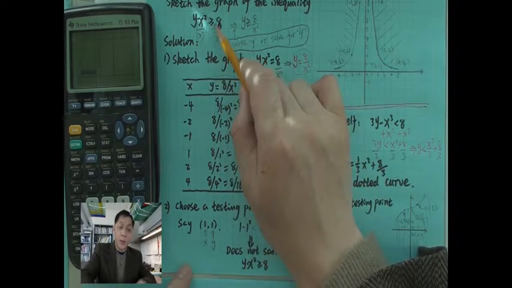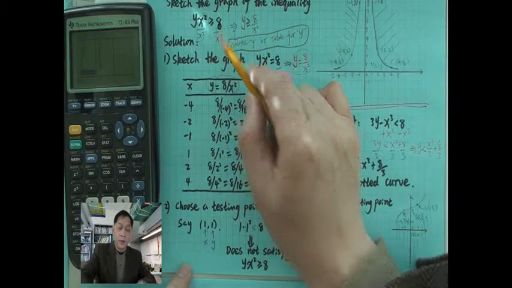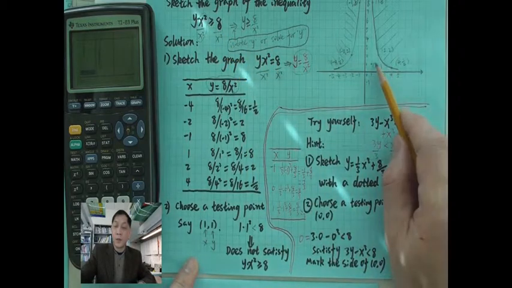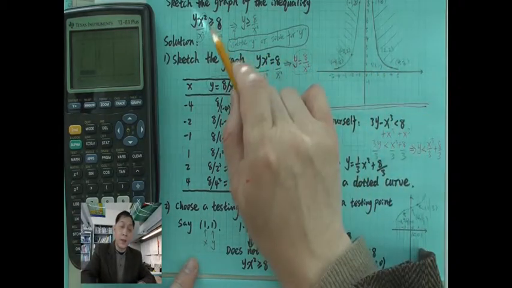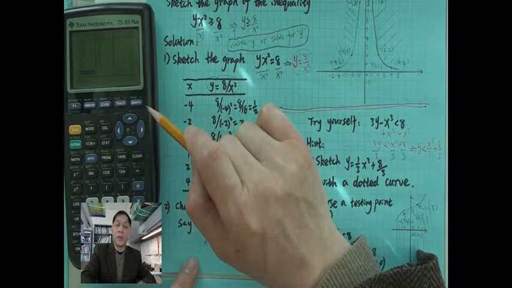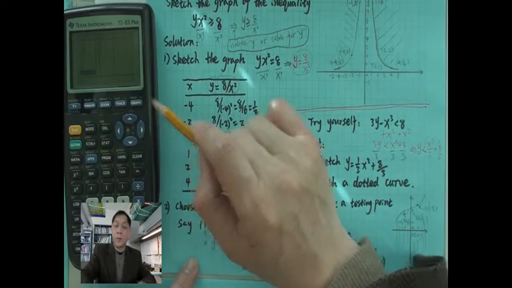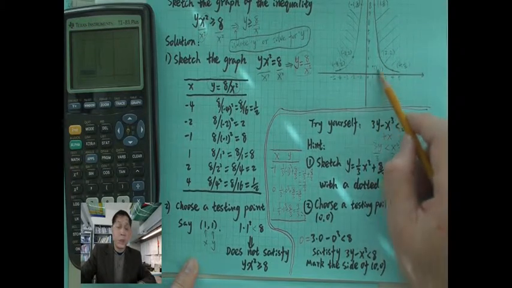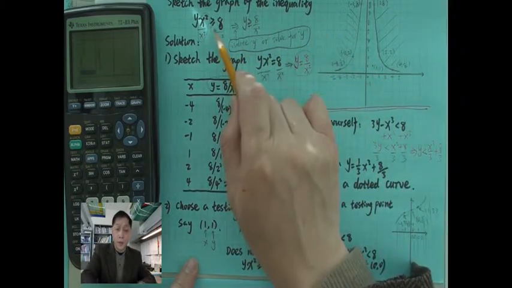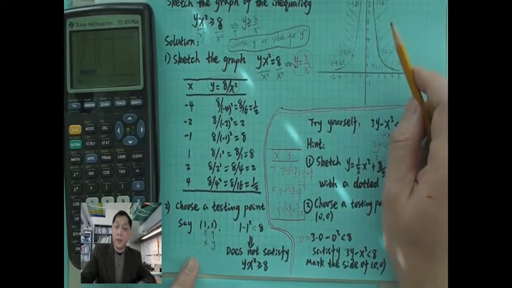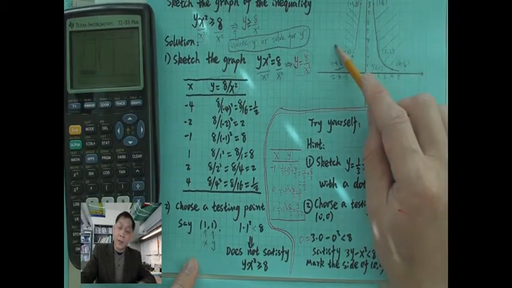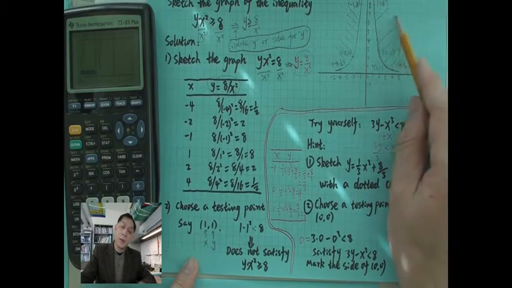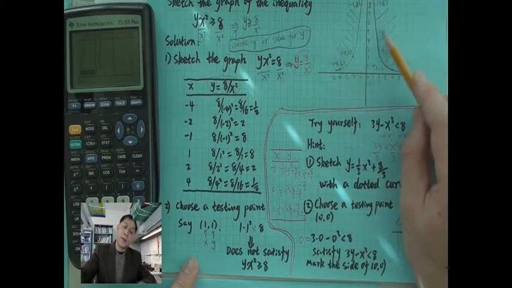This one was greater than or equal to 8. So (1, 1) does not satisfy this inequality, not an equation. That means all the points in this region do not satisfy this inequality, so it has to be on the other sides. That's why we mark those 2 other regions.